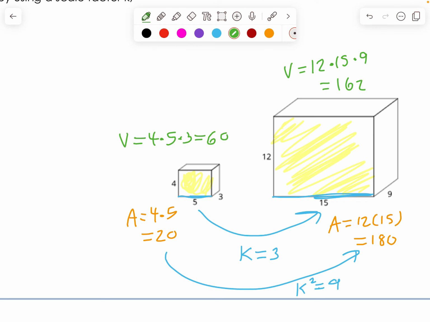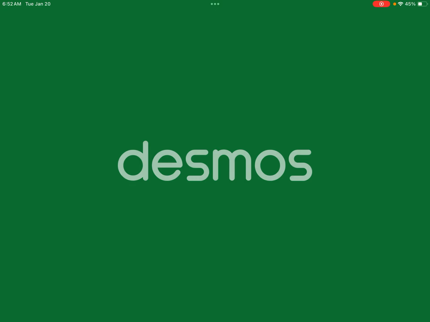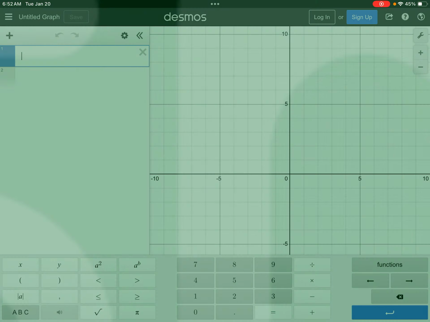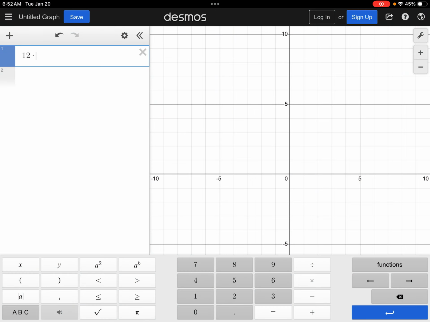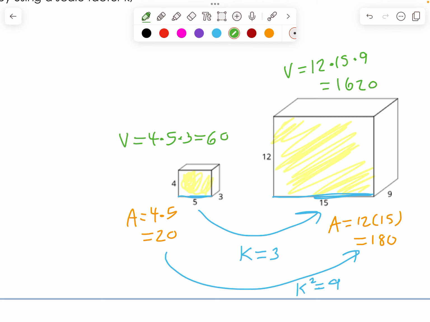I think it's something like that. Double check. 12 times 15 times 9. Got it right. And that's K cubed, which would be 27. The volume got 27 times bigger.